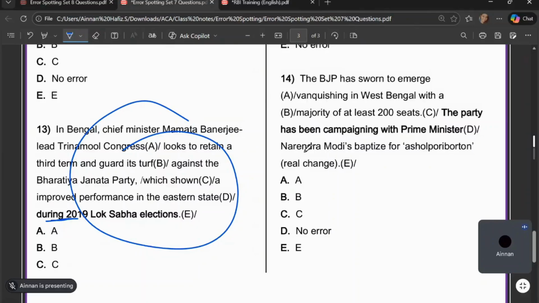The BJP has sworn to emerge vanquishing in West Bengal with a majority of at least 200 seats.